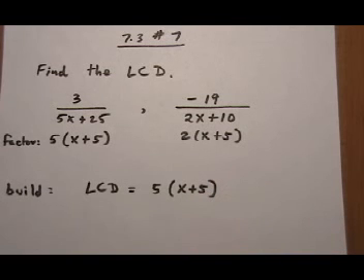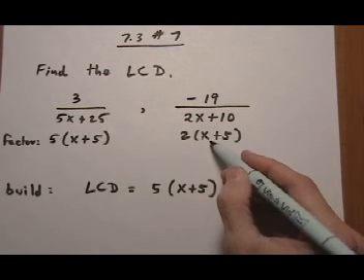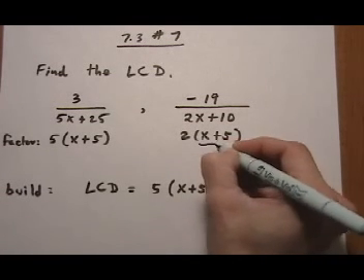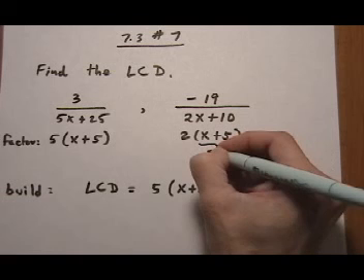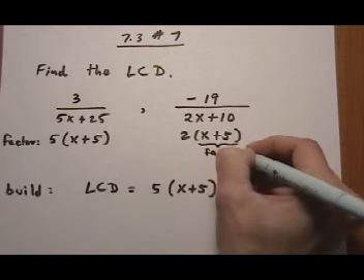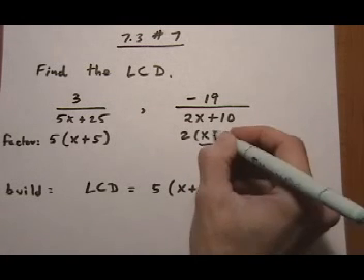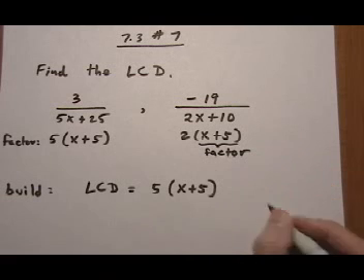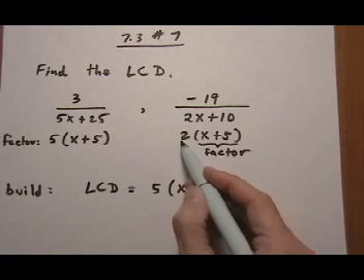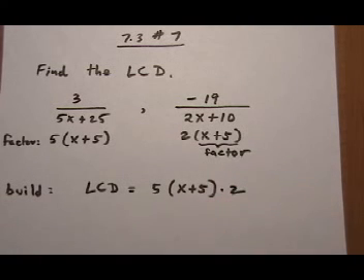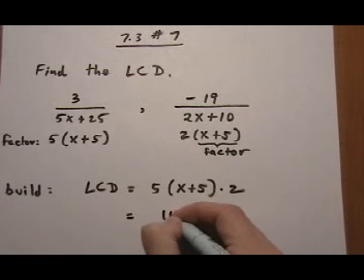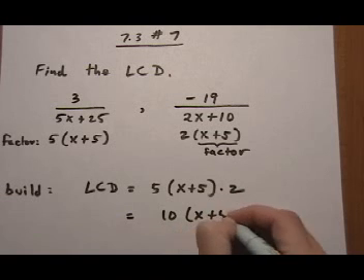And now we put in any missing factors from the second one. We've already got x plus 5, and this entire x plus 5 in parentheses is one factor. So we're never going to take just the x or the 5 separately. Take the whole thing. And the only piece missing is the 2. So that means our LCD is 10 times x plus 5.